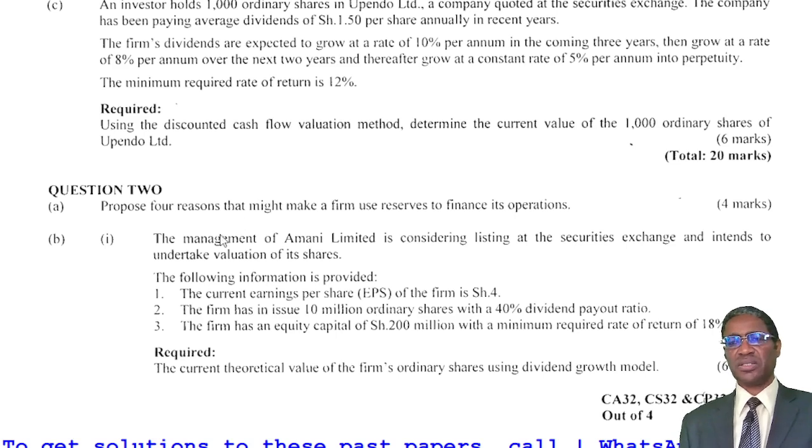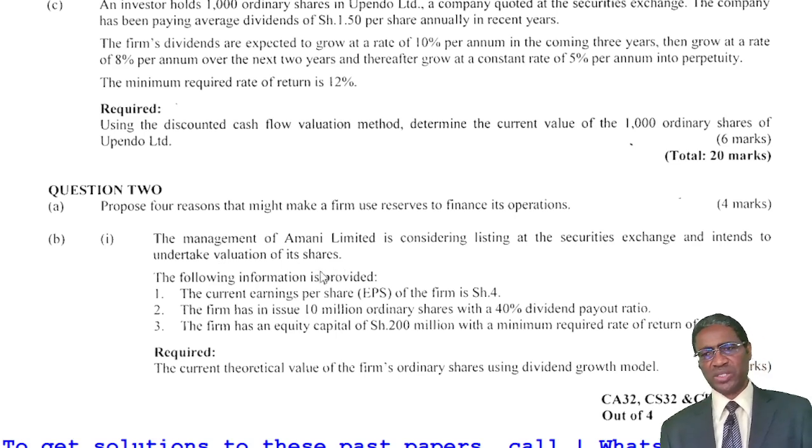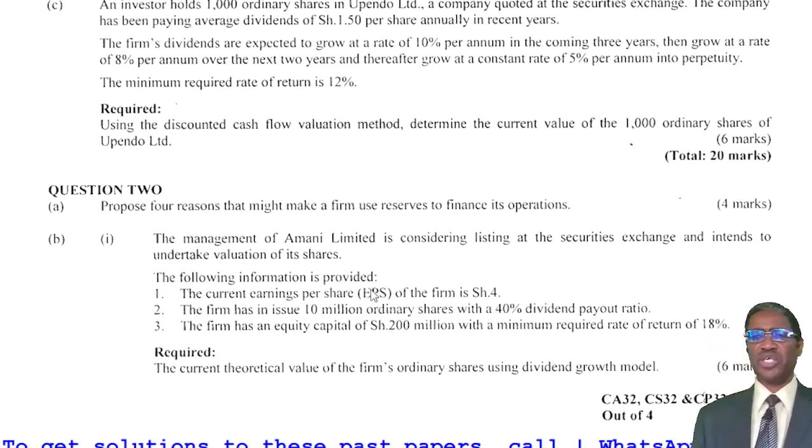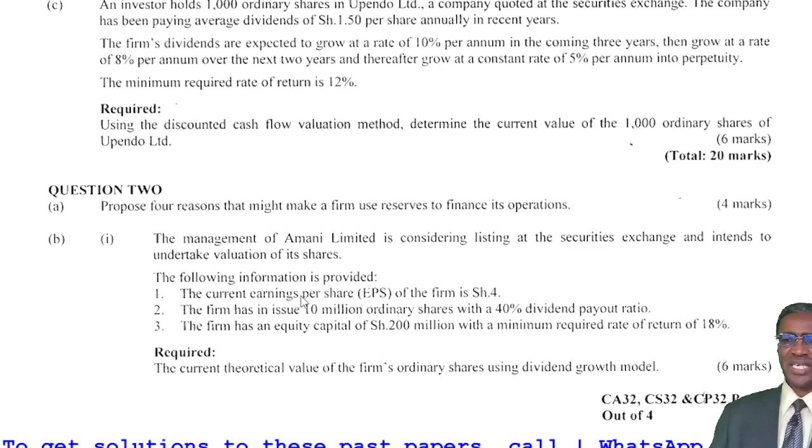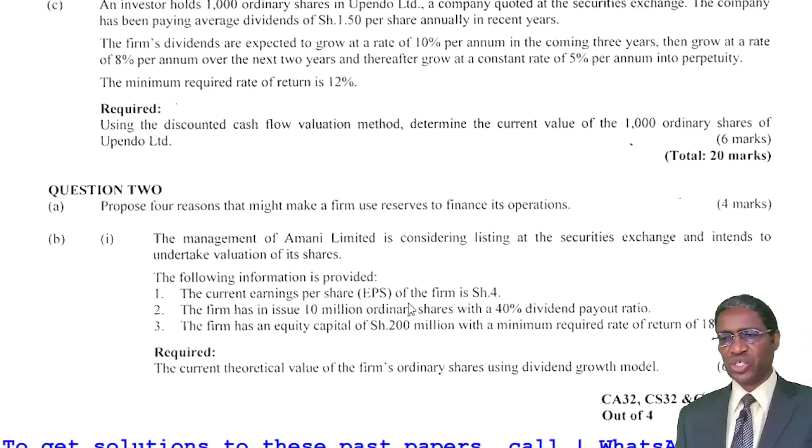It says, the management of Amani Limited is considering listing the shares at the Securities Exchange and intends to undertake valuation of its shares. The following information is provided. Current earnings per share is 4 shillings.